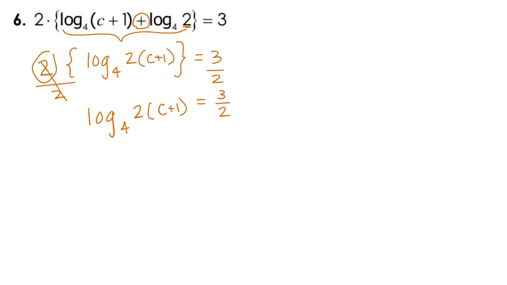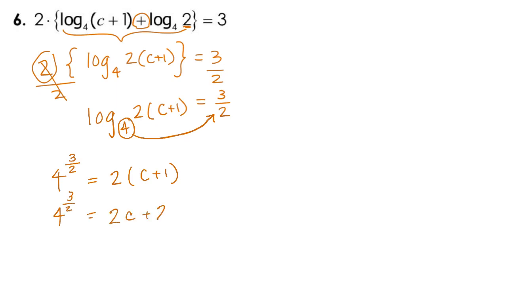And again, notice we only have a logarithm on one side, so we need to go to that exponential form again. Here's my base. Remember, all logarithms are equal to exponents, so 4 raised to the 3/2 is going to be equal to 2 times c plus 1. So 4 raised to the 3/2 is going to be 2c plus 2.